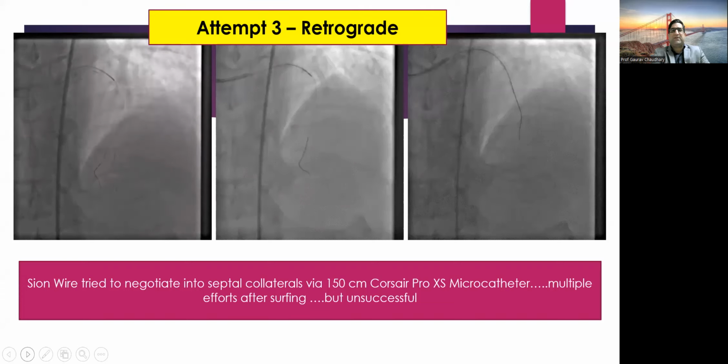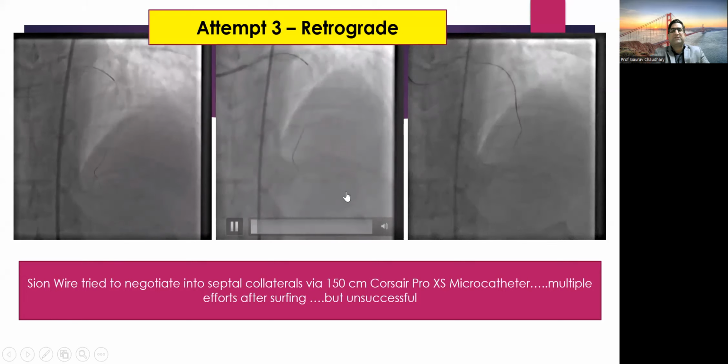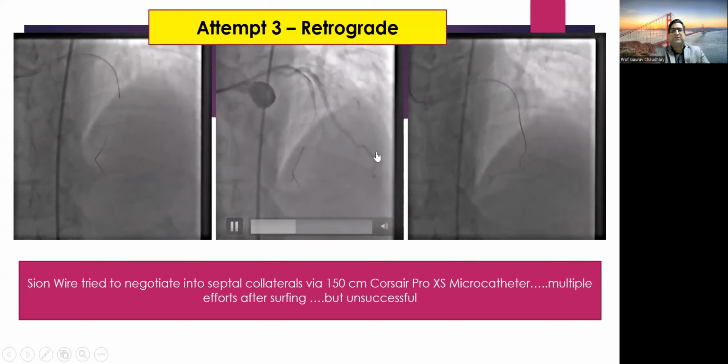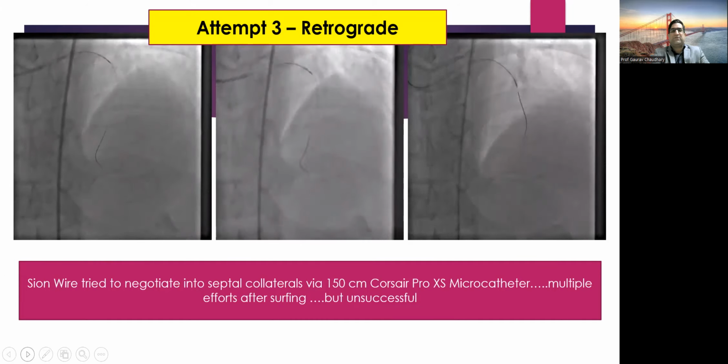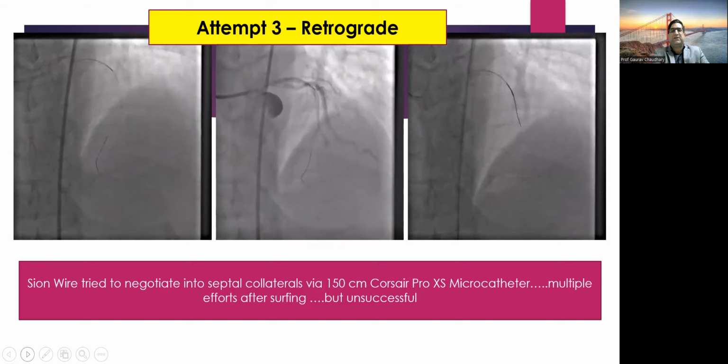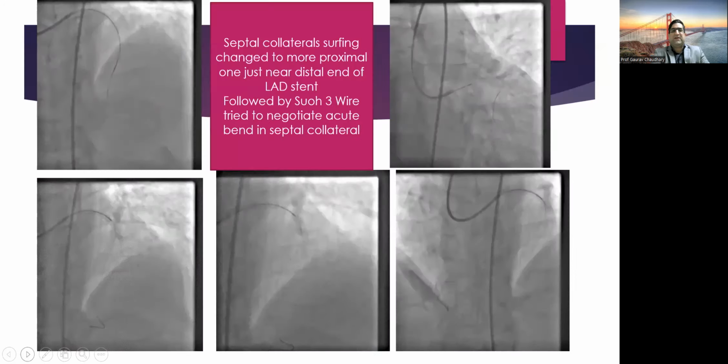So this is how we took the femoral guide, EBU, from the femoral. Then a Sion wire was taken, and a 150 centimeter Corsair Pro microcatheter was used, and surfing was done. But after a lot of effort, we were not able to get into the septal and go into the distal part of the RCA.